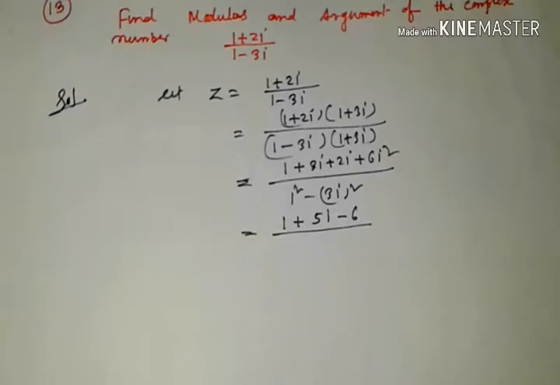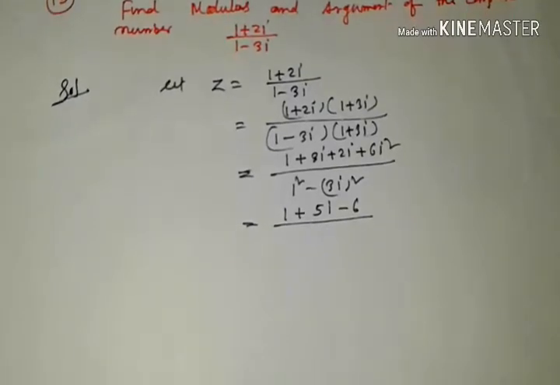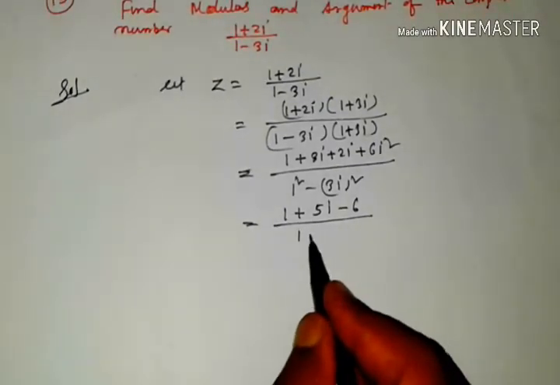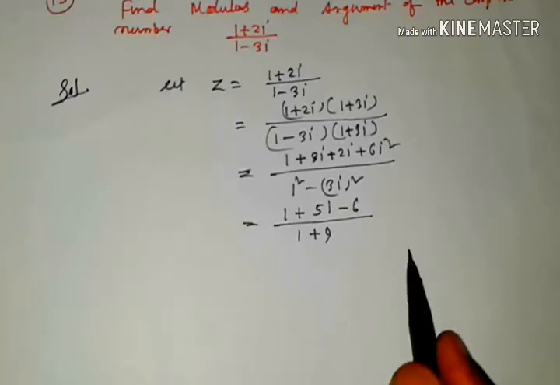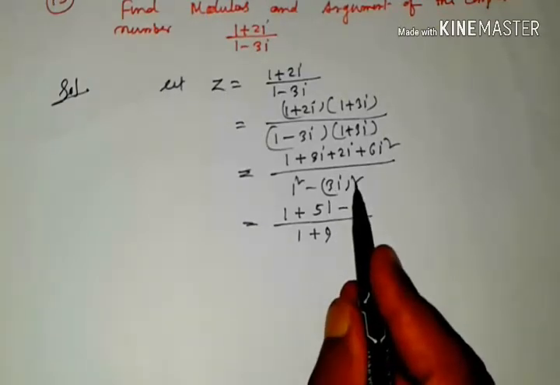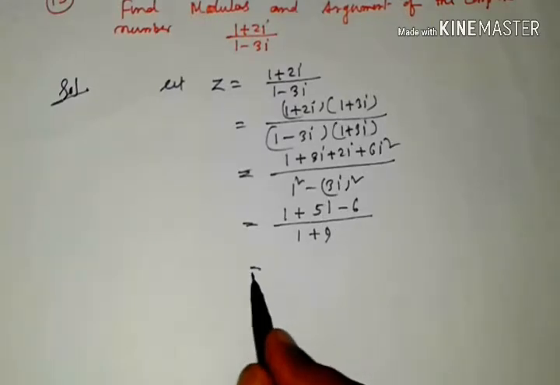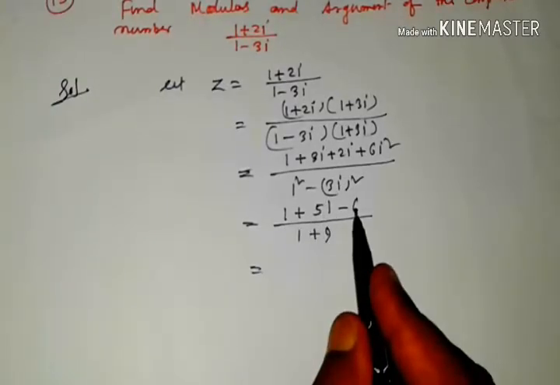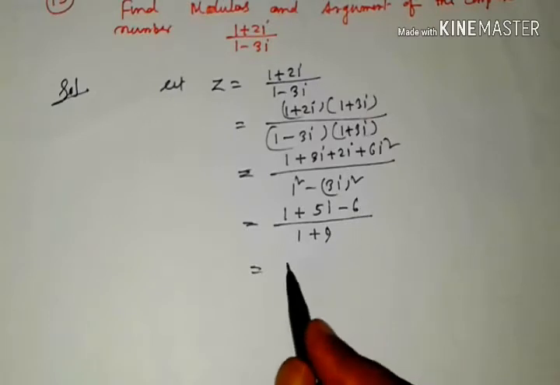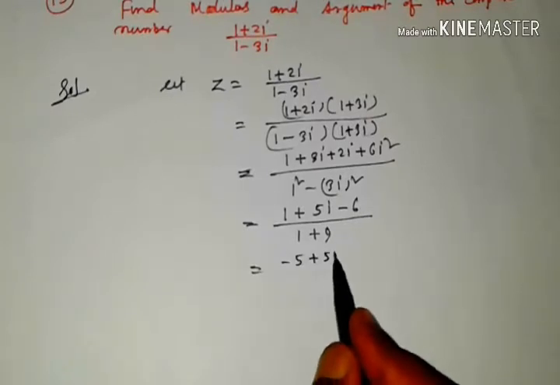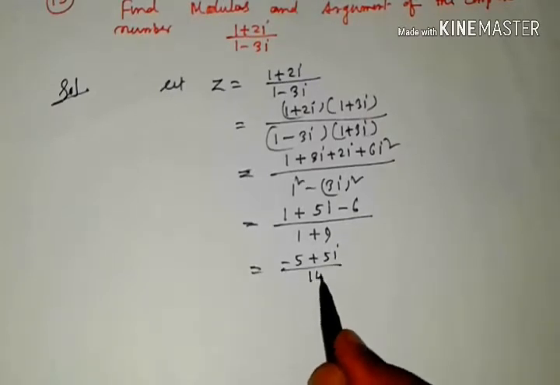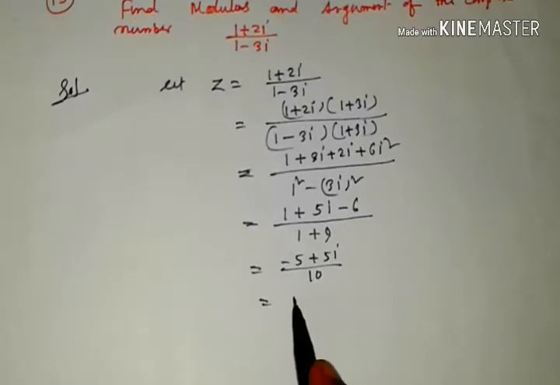Therefore it is minus 6. In the denominator it is 1 plus 9, because 3 square is 9 and i square gives plus. So 1 minus 6 is minus 5, over 10, and this can be written as 5i by 10.